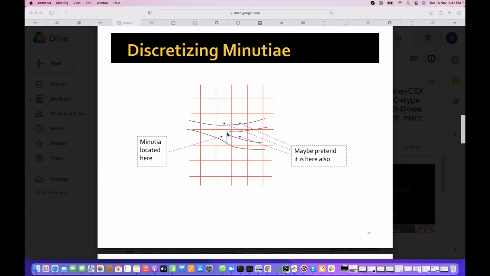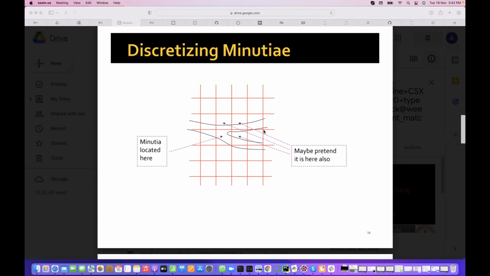Similarly, he is considering this right side grid, not this grid. Why? There's only one line. Again, this is close to the right boundary of that grid. So only the right side point will be considered. Those things will vary, but you can use your knowledge.